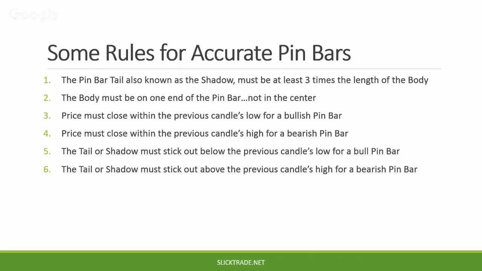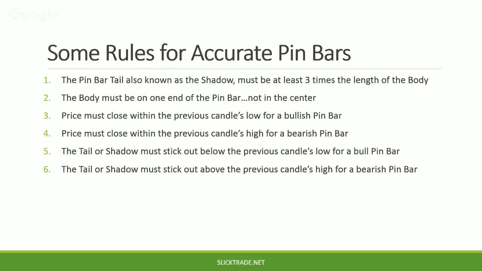I'm a better visual learner, and some are better with reading, some are better with a visual, and some choose video over image. So I'm trying to hit all of those aspects to help all of you out to learn this. 5, the tail or shadow must stick out below the previous candle's low for a bull pin bar.